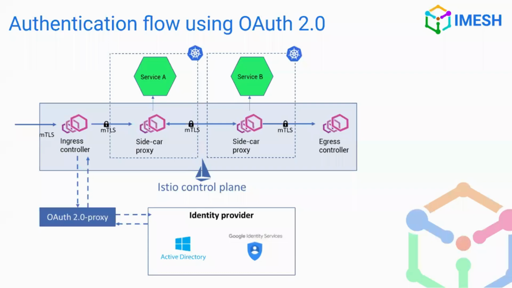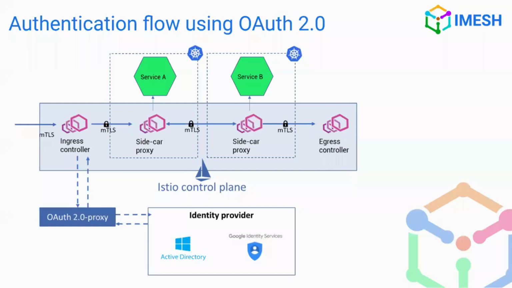And OIDC is the protocol that is built on top of OAuth 2 and adds authentication capabilities. It provides a secure and standardized way to authenticate users across multiple applications.